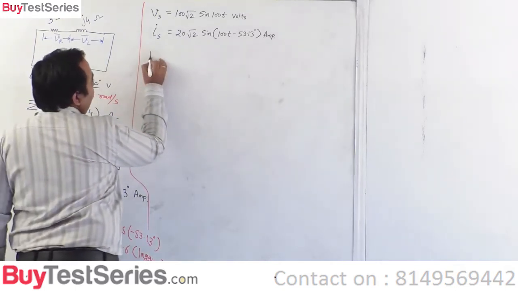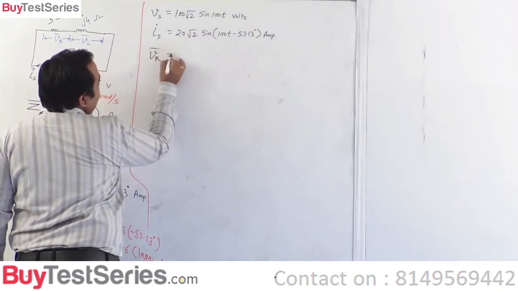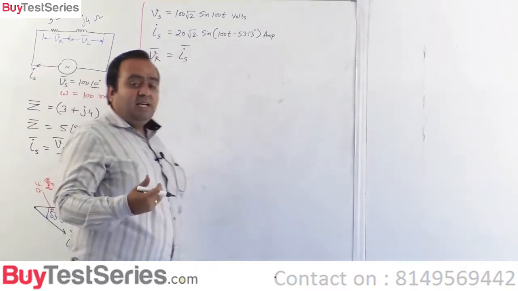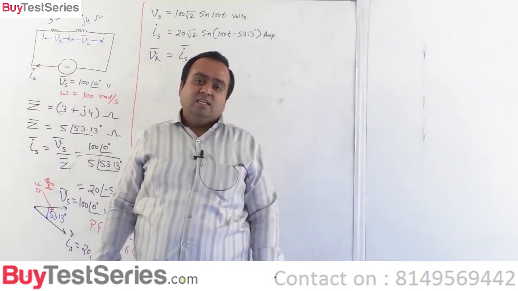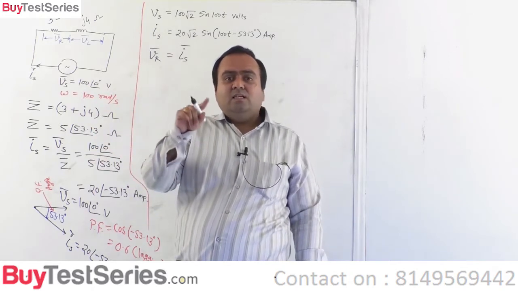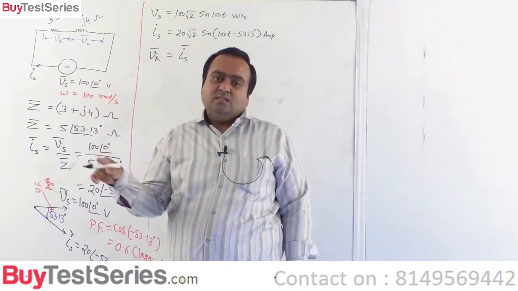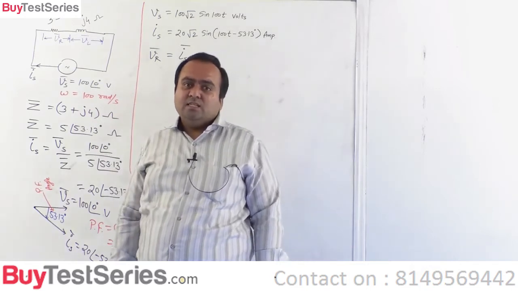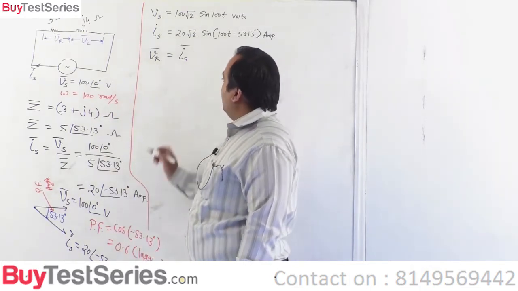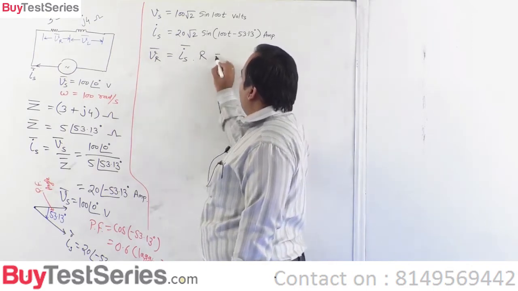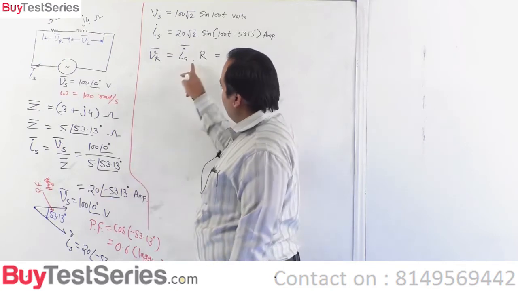We can calculate VR phasor as Is phasor. जैसा आप देख सकते हैं कि ये एक सीरीज सर्किट है. अगर ये एक सीरीज सर्किट है तो the current being the same, whatever is the supply current is the resistance current is the inductance current. So we have same current flowing through the entire circuit. Alright, so Is into R, right? So we put this Is as it is here.